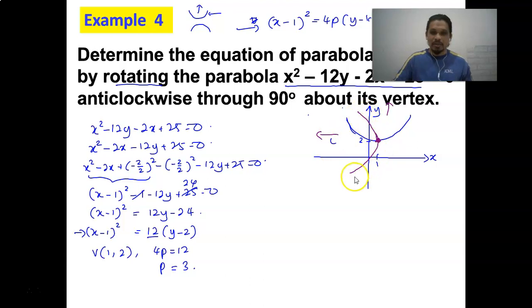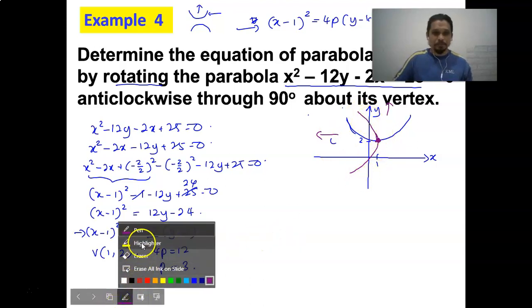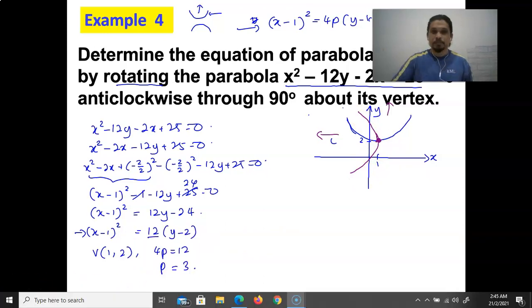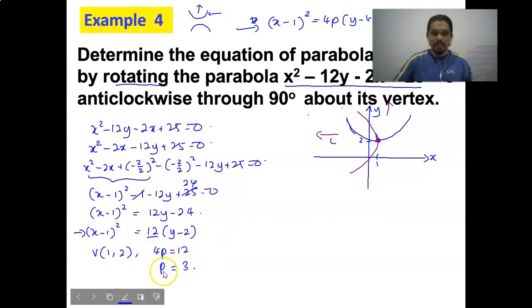So this is the new parabola here now. Look at the first parabola before it switched from facing upward to facing left. The vertex is (1, 2), and p equals 3, positive, facing upward.